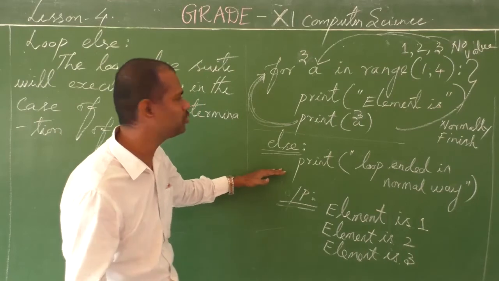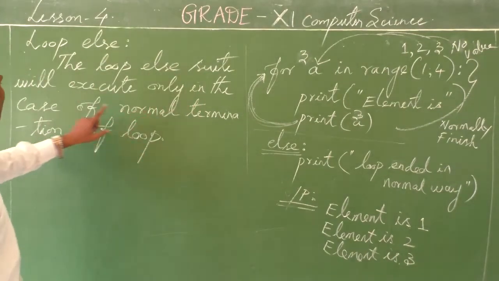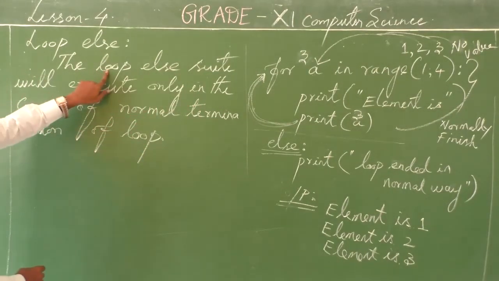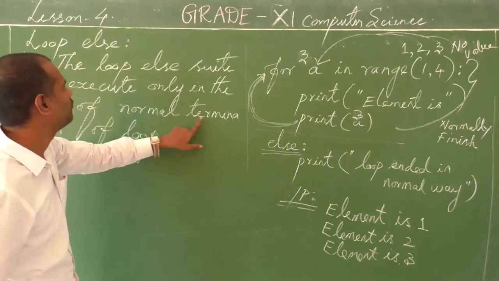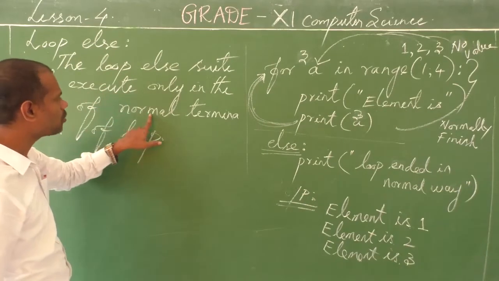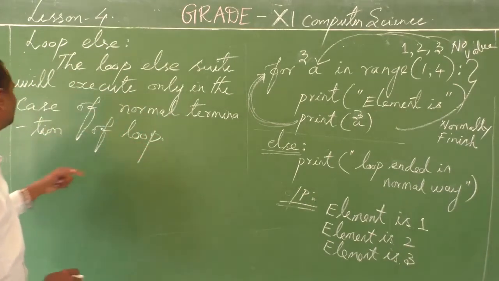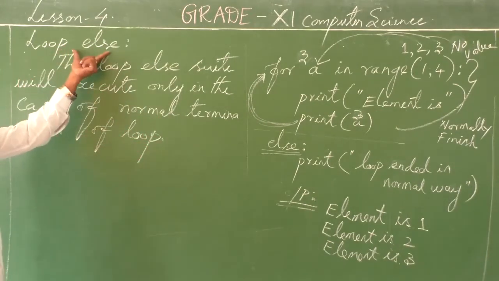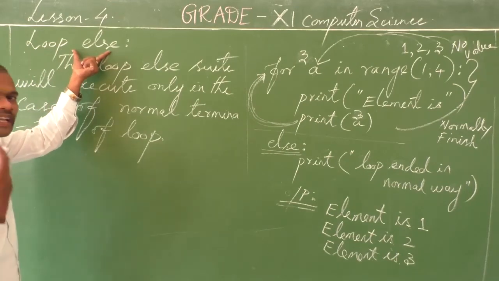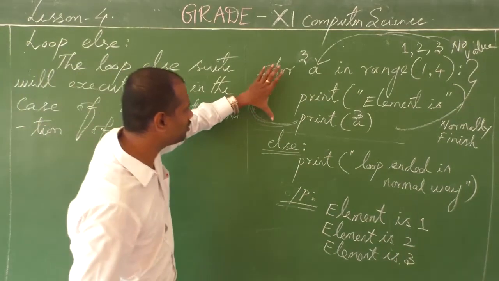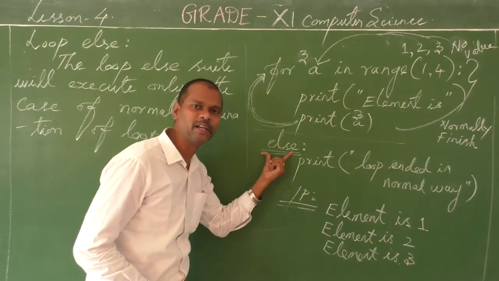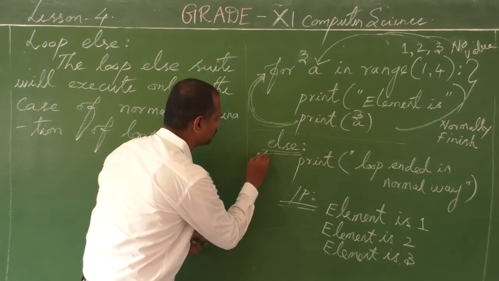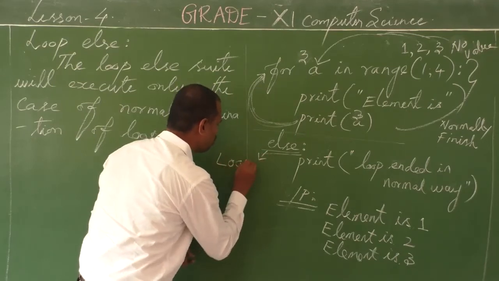Okay, so how do you see? When the loop is normally terminated, terminated means finished. When the loop is normally finished, this loop else will be executed. Which one is the loop else? Here this is the for loop, this is else. So this else is nothing but the loop else.